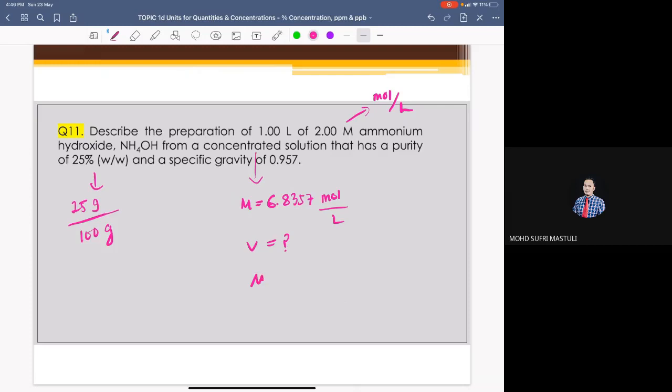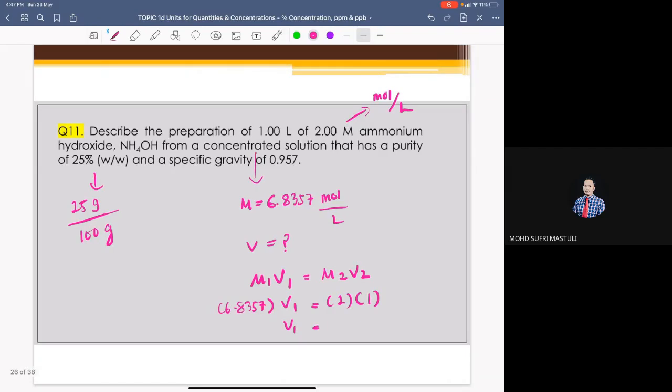This is why we use M1 V1 equals M2 V2. So we know this molarity 6.8357, we want the volume. This is M1, and then to prepare 2 molarity with volume 1 liter.